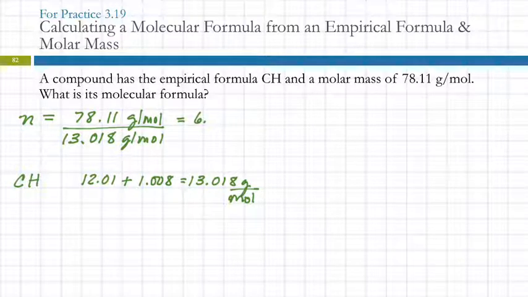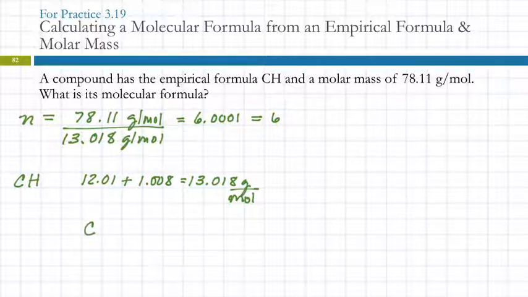My calculator gives me 6 with 3 zeros before it gives me another digit. It's just going to come out to a number 0.0 whatever. So that is 6. That tells me that the molecular formula is 6 times bigger than the empirical formula.